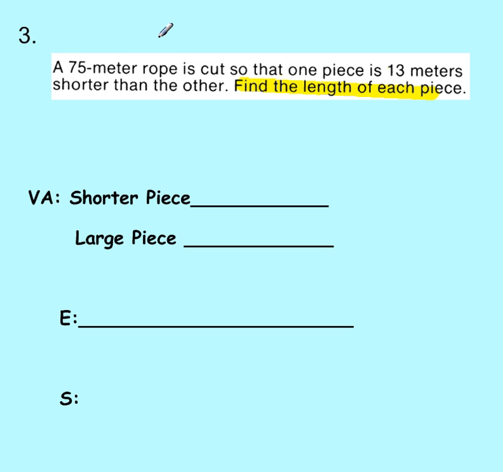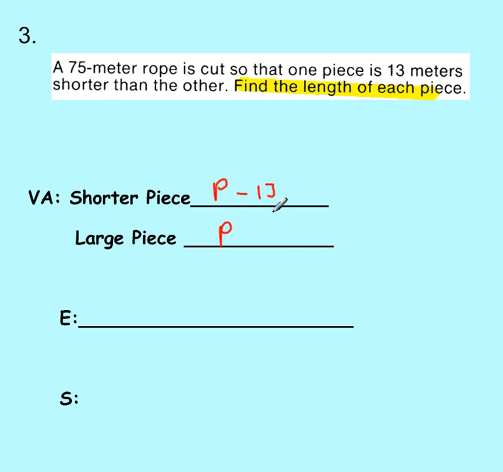So it tells me that I'm taking my larger piece and I'm going to take off 13 meters. So I have to know the size of my larger piece before I can find the shorter piece. So I'm going to use P here for the larger piece, and then the shorter piece would be P minus 13. My captain variable is the larger piece because I have to know my larger piece before I can find my shorter piece.